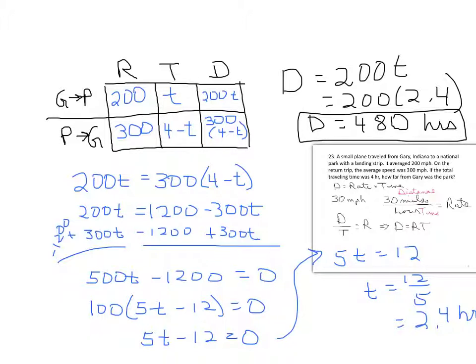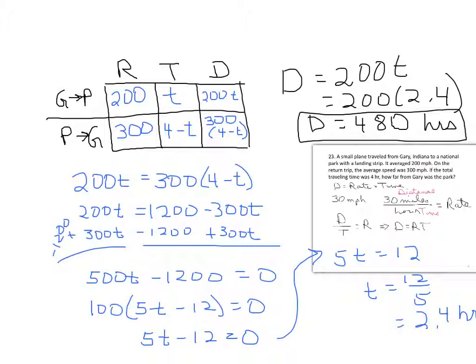Now you can check this because you know that the distance going from Gary, Indiana to the park is the same distance from the park to Gary, Indiana. And you're told here that the distance from the park to Gary, Indiana is 300 times 4 minus t. So ask yourself, if you plug in 2.4 for t, does 300 times 4 minus t equal 480?